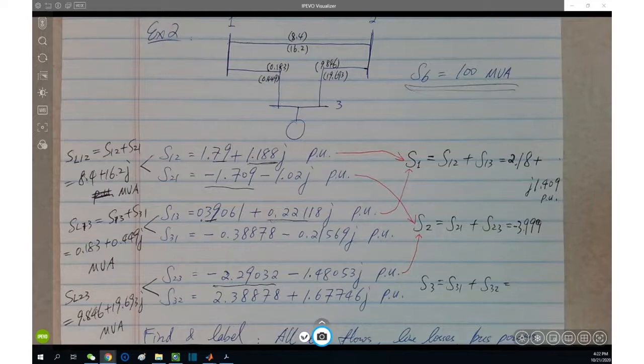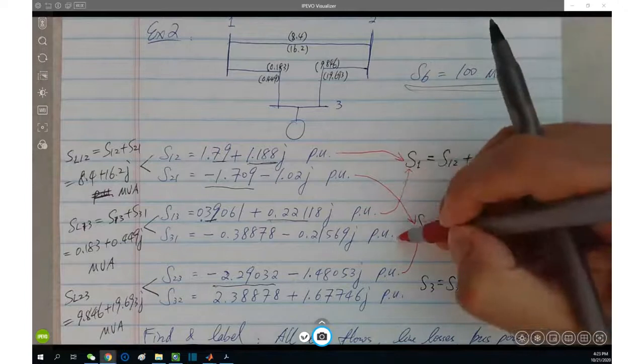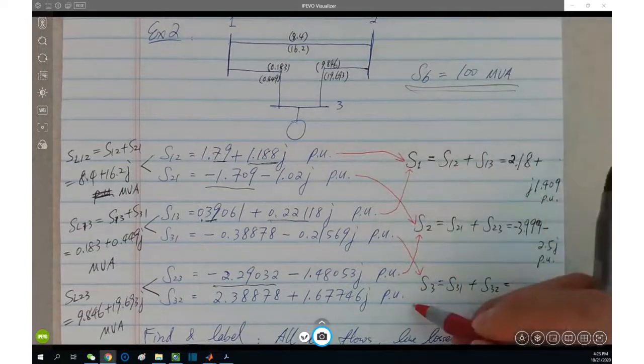And negative here is 2.5, okay, per unit. And 3.1 is here. 3.2 is here. These two.